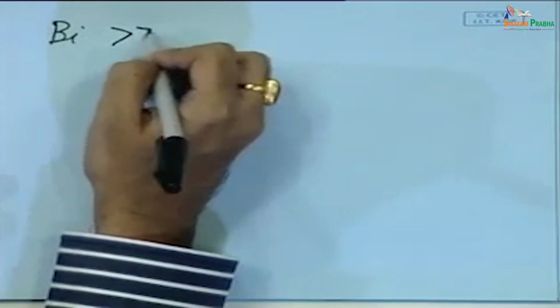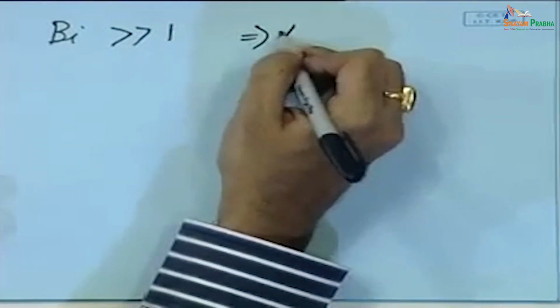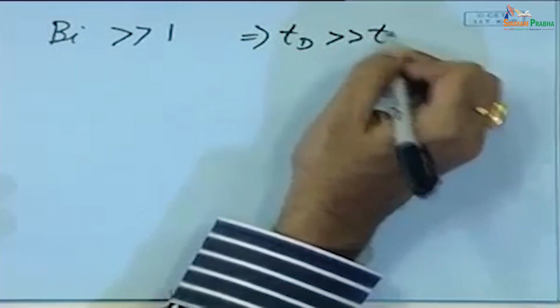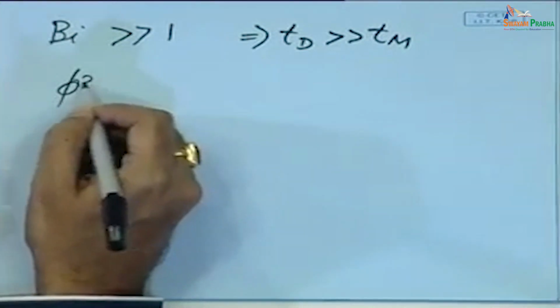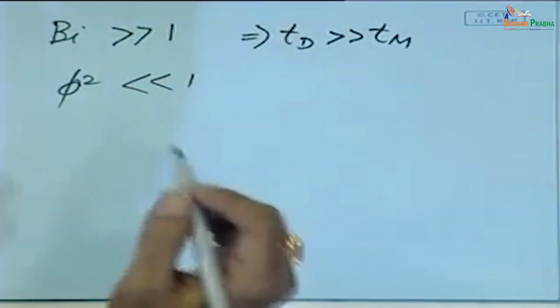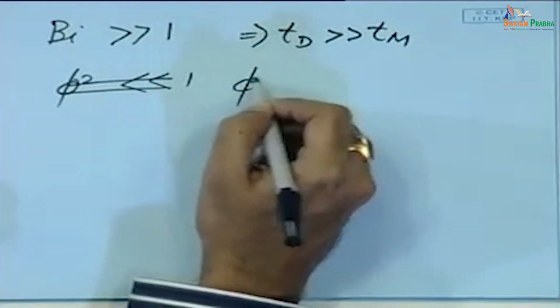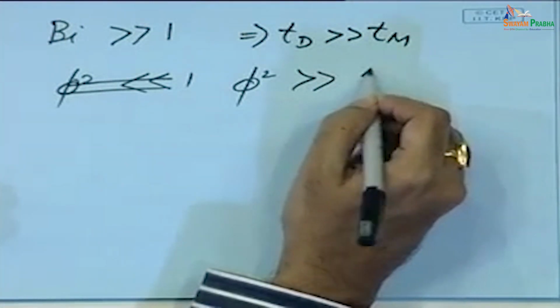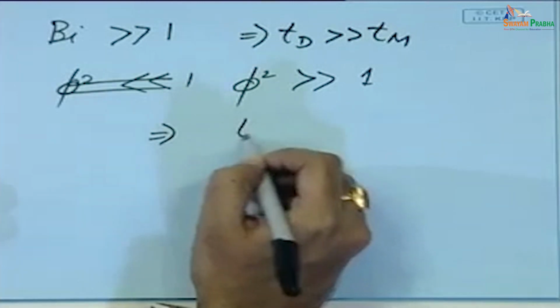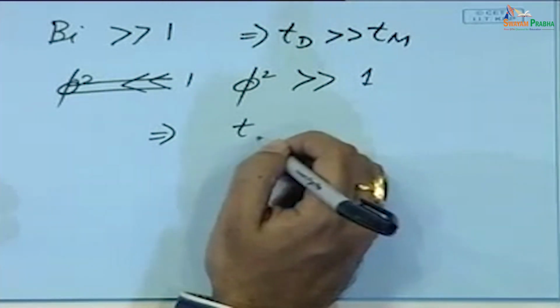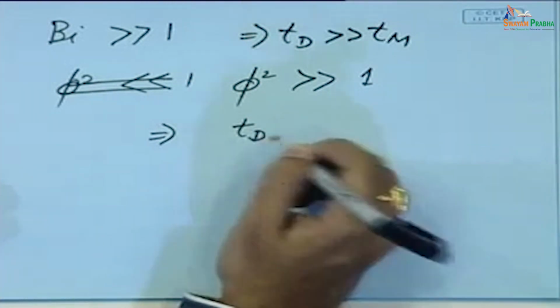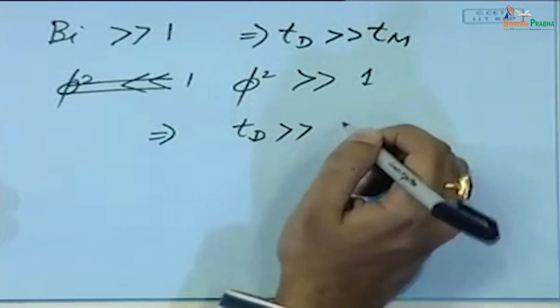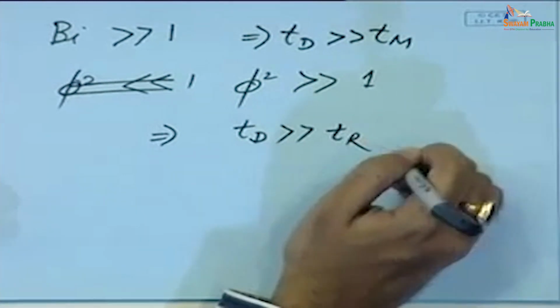Here Biot number is much greater than 1, which means Td is much greater than Tm, right, and phi square is much greater than 1, which means that Td is much greater than Tr, okay.